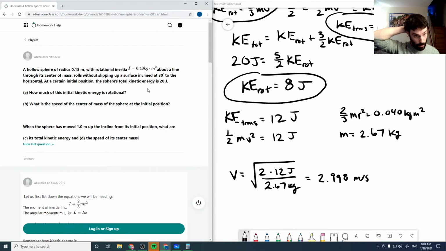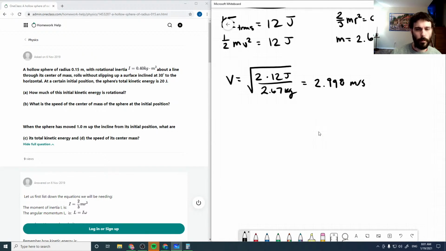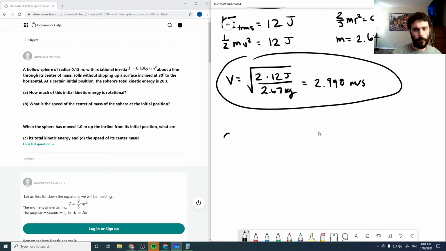And now, for part C, we've moved 1 meter up the incline, and it's at a 30-degree angle.